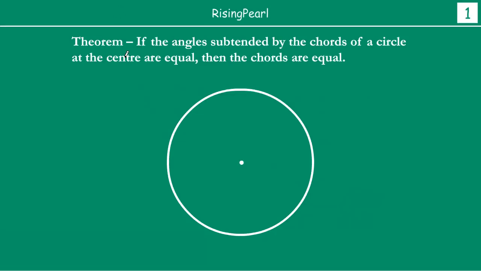So दोस्तों, जैसे हम always करते हैं, let us first understand the theorem clearly before we jump into the proof of it. So the theorem is telling us that if the angles subtended by chords of a circle at the center are equal, मतलब कि दोस्तों we have two chords that subtend angles, that is angle subtended by chords of a circle at the center. अगर दोस्तों if these angles are equal, so angles subtended by chords at the center of the circle, if these angles are equal, then the chords are equal.